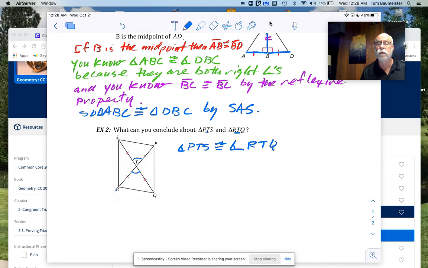What kind of angles did they make? Think of all the ones I've talked about. Are they corresponding angles? Are they alternate interior angles? Are they co-interior angles? Are they vertical angles? Yes, they're vertical angles. So we can say that they're congruent since they are vertical angles.